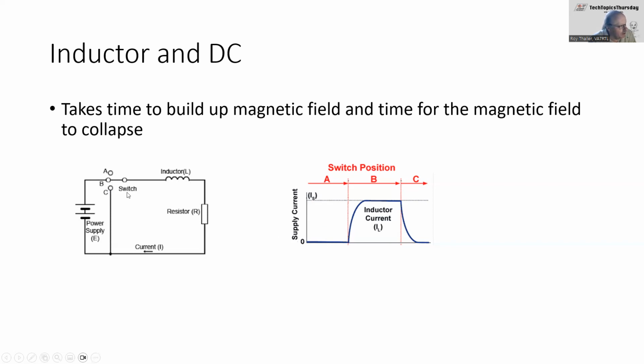And then when you switch it to B, you're going to start loading up the inductor. So the value of the current will increase until it reaches the maximum. And then when you flip the switch over to C, you've disconnected the battery, but you now have this resistor in here, which is the load. So now you're discharging the inductor. So then this falls back down again.